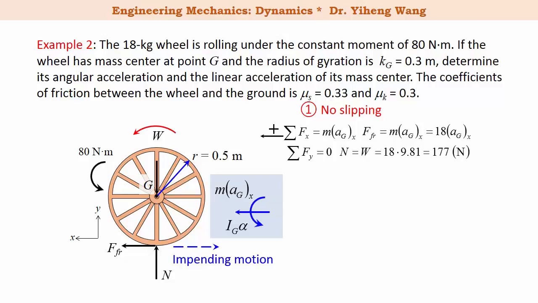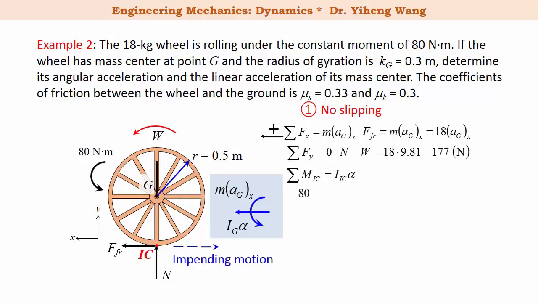From here, we can solve for the normal force, which is the same in magnitude as the weight force, which is 177 Newton. And then, for the resultant moment, recognize that when there's no slipping, the point of contact is indeed the instantaneous center of zero velocity. And also, the forces W, N, and the frictional force all pass through this point. Therefore, it is most convenient to summarize the resultant moment about this instantaneous center of zero velocity, and that equals IIC alpha.